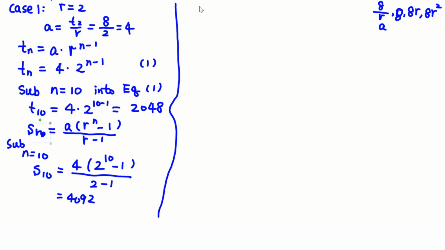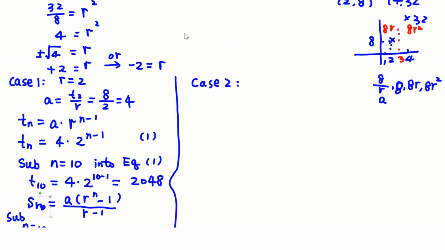Then because we have 2 solutions, case 2 is when r equals -2. So you could keep multiplying -2 to get the fourth term as +32.